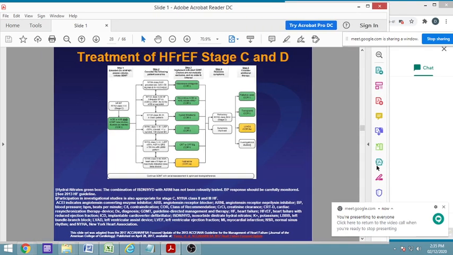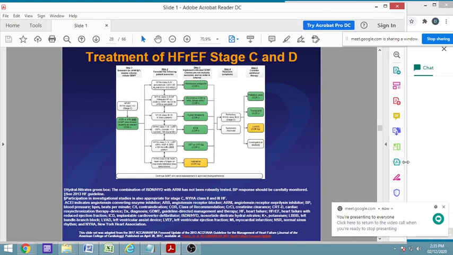So this algorithm gives very clearly that whenever there is heart failure and we have categorized it in stage C, then what will be our objective, what will we be going for.